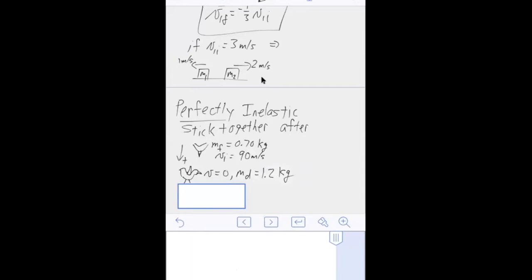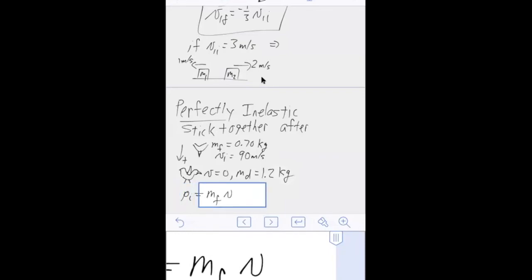Okay, so in an inelastic collision, all we have is momentum. Momentum is always conserved in collisions. So we've got initial momentum, P initial.